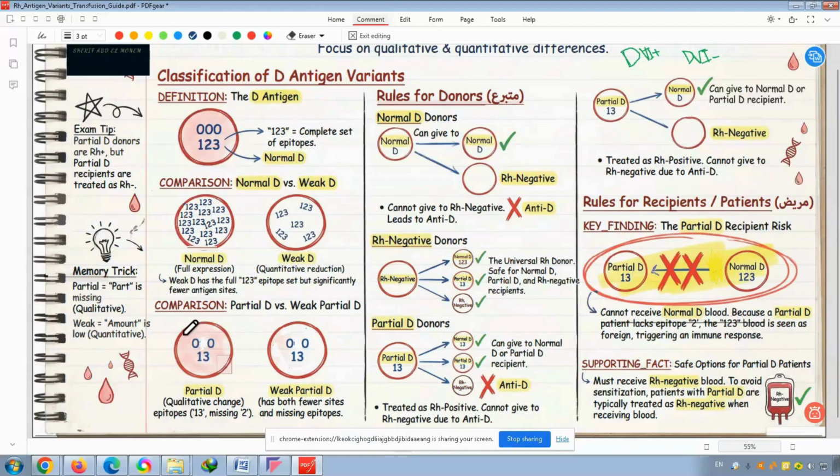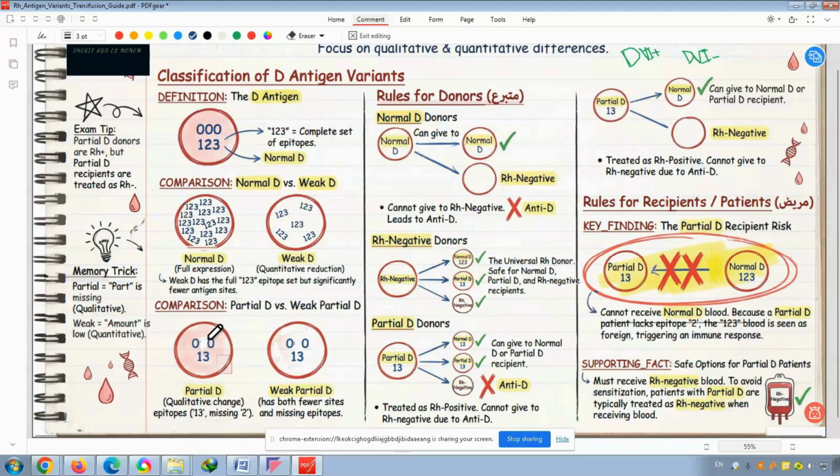The third case, we have cells where the antigen structure is not complete, missing a part, which is part number 2.